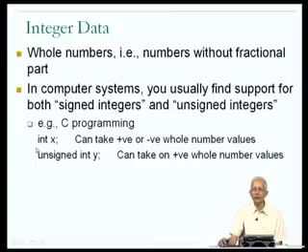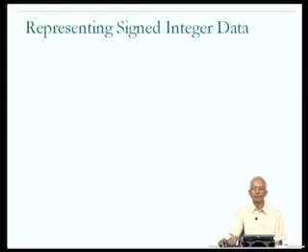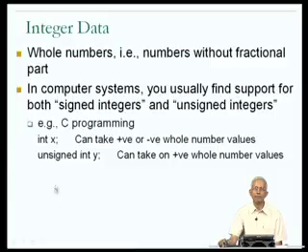So this facility is provided in C, and in general we should understand that there are two kinds of integer data. There are the pieces of integer data which could take on either negative or positive values, and the pieces of integer data which have no sign associated with them and are by definition only positive. Okay, now it should be fairly clear that to represent unsigned integer data, I can just use the binary number system.